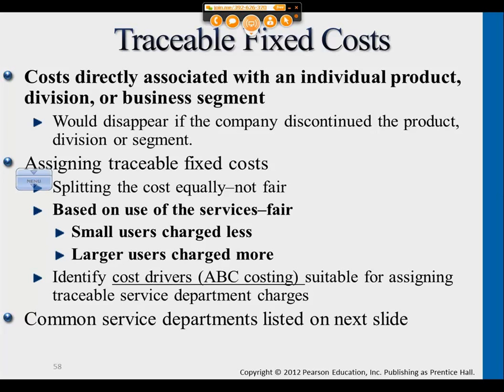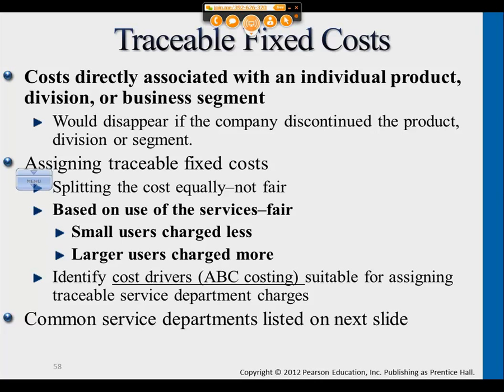First, if I were just to split throughout, that wouldn't really look fair, right? And more than just fair, it would make my accounting off, right? So I will probably split it based on usage, okay?